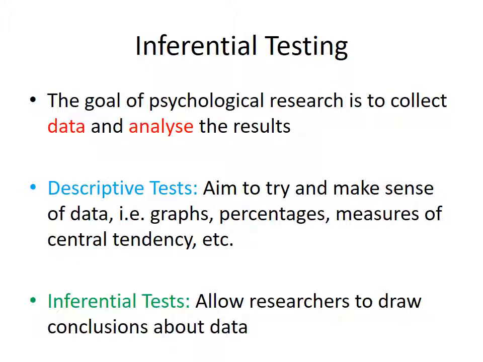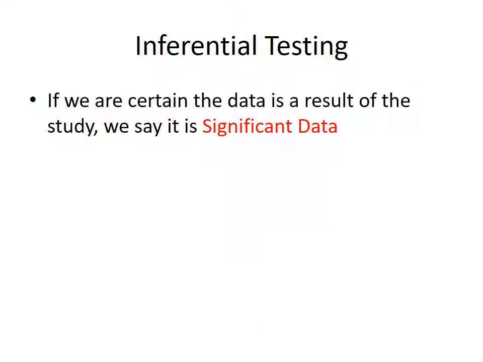What we're learning about today is what we call the inferential tests. Now this is what allows us, from a set of data, to draw a conclusion. If we're certain our data is the result of the study, we say it is significant. So let's say we've seen a change in reaction speed after having a drink versus not having a drink, of some kind of new reaction speed increasing soft drink that we're trying to develop.